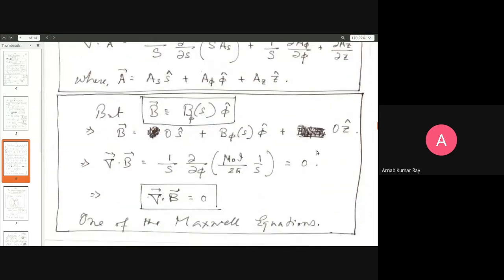And we also found that the divergence of B, the divergence of this magnetic field, is zero, which is one of the Maxwell equations. I haven't given you a formal proof of this equation. We have just used a simple example of a current passing through an infinitely long straight wire, but this principle, divergence of B is equal to zero, will hold true in all respects.